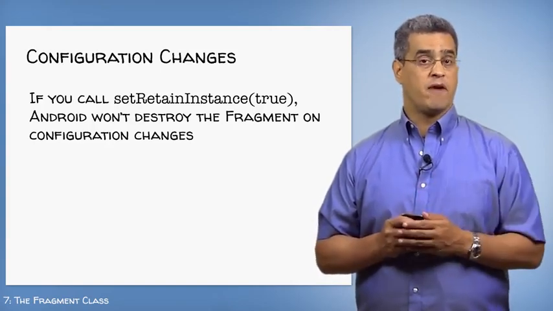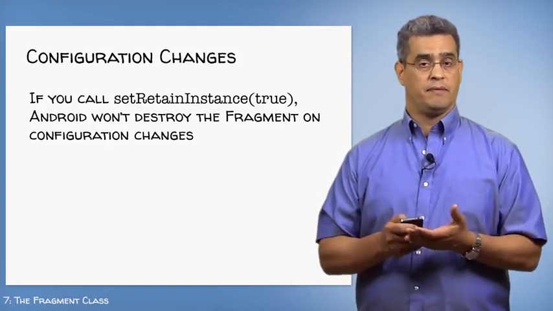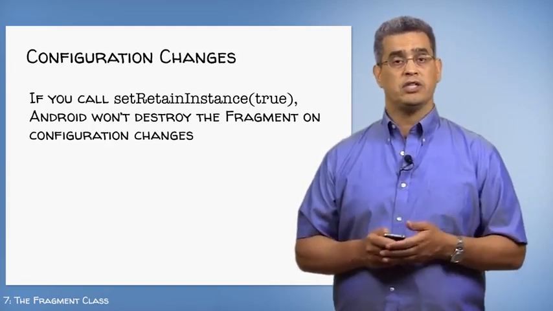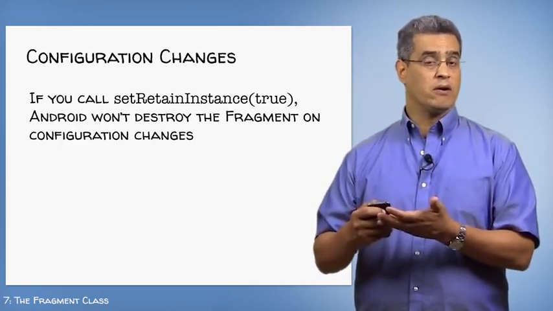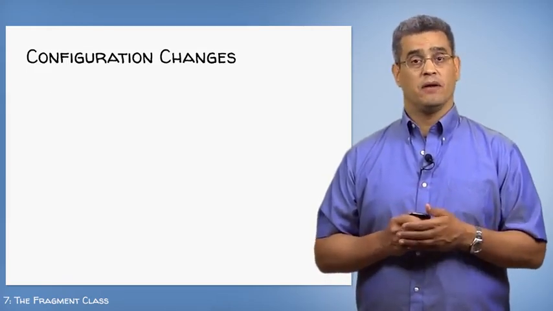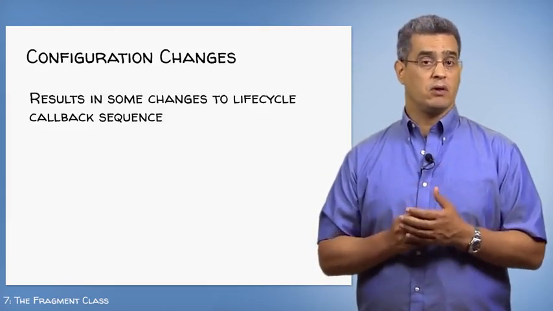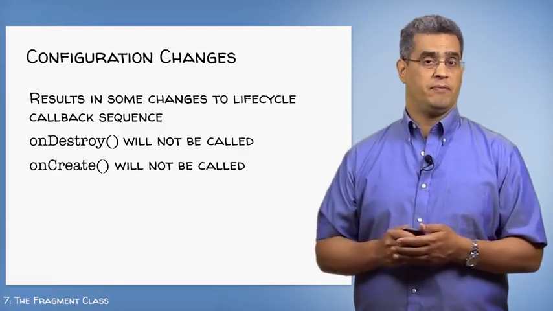Instead, it will save that fragment state and detach the fragment from the activity. In addition, it won't destroy that fragment, and so it won't recreate it later when the hosting activity is recreated. As a result, the fragment will not receive calls to its onDestroy method nor to its onCreate method.